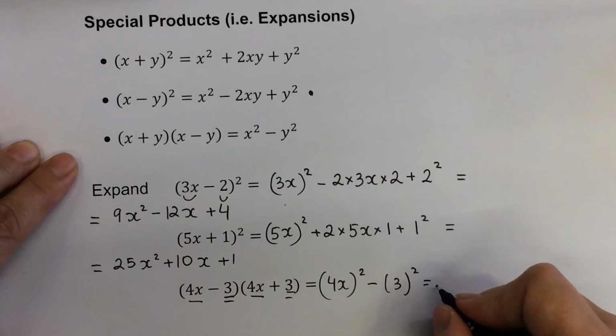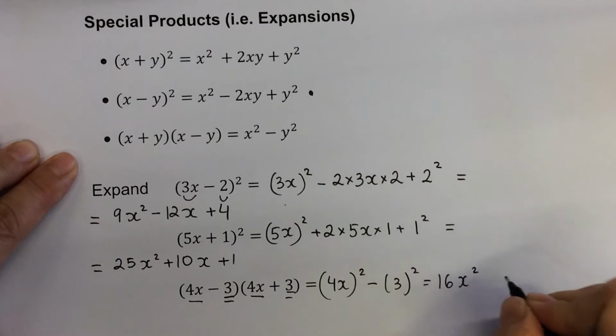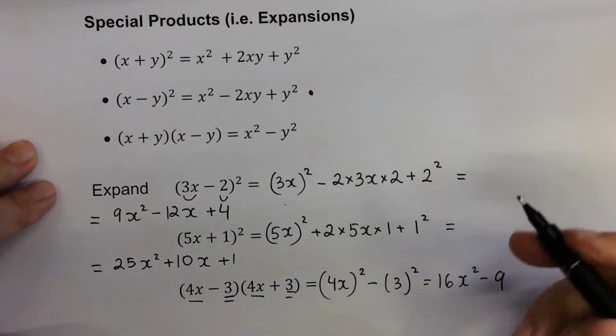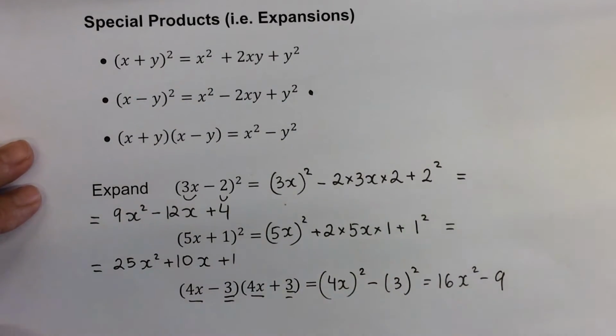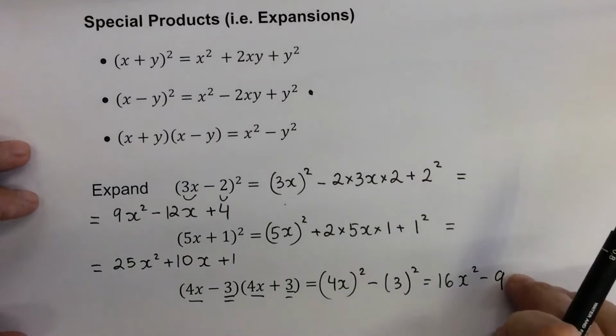Finalizing it, we have 16x squared minus 9. These three formulas are very useful, particularly if you can recognize, for example, from this form, you can go to this form, so you can factorize.